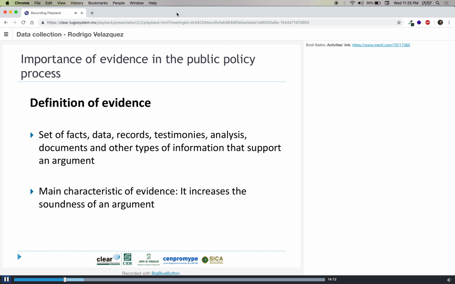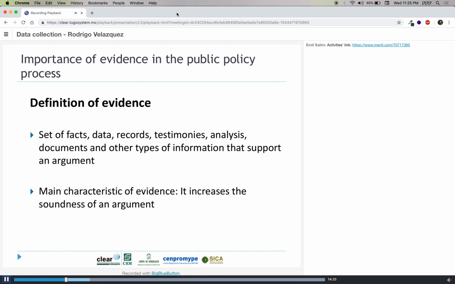For instance, this can be data, facts, records, testimonies, analysis. We also include analysis as evidence because this doesn't only include isolated records, but it also includes analysis, and we can consider this as evidence.